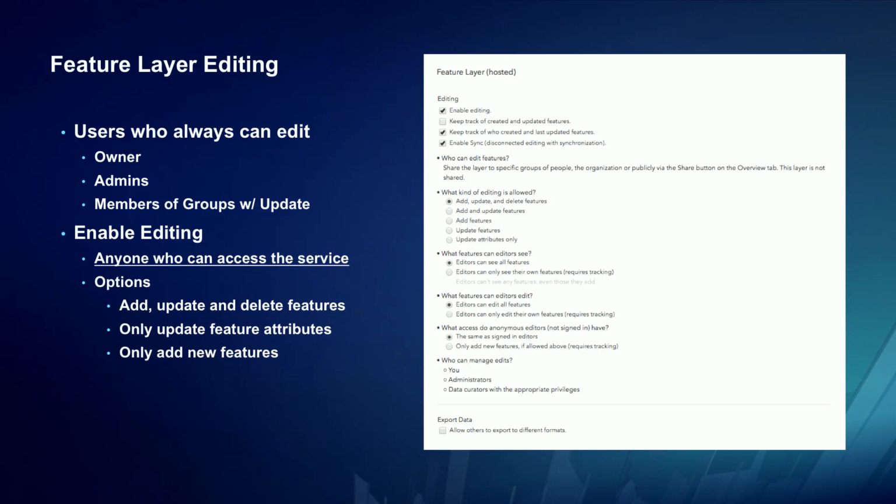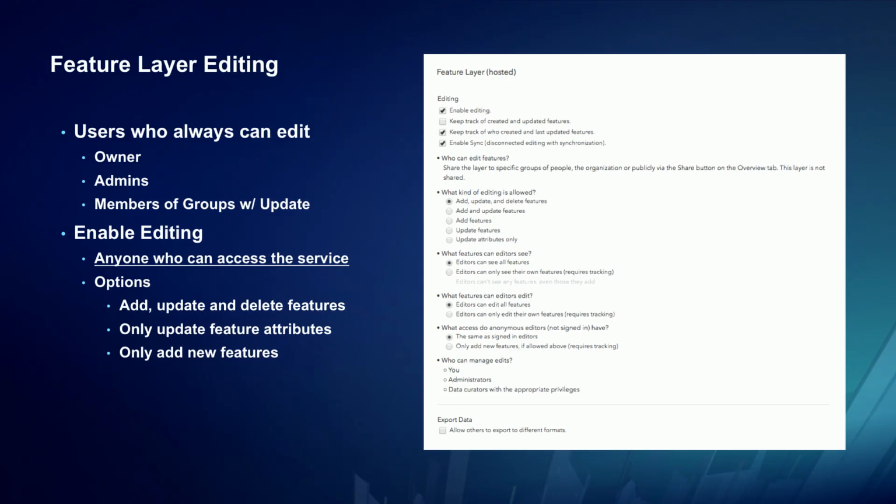The feature layer also has this setting on it to enable editing. You only enable that if you want people who have access to that feature layer to also be able to edit. So if you enable that and the feature layer is shared to the organization, then everybody in the organization at that point can start editing.